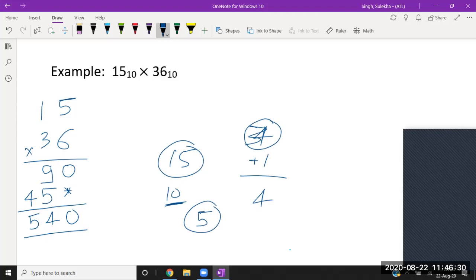Then you add these numbers, and while doing the addition you do the same thing. 0 plus nothing is 0. 9 plus 5 is 14. After extracting 10 a single time, you get only 4. You write this 4 here, and this extraction of one single time acts as a carry of 1. After adding 4 to that carry of 1, you land with 5.